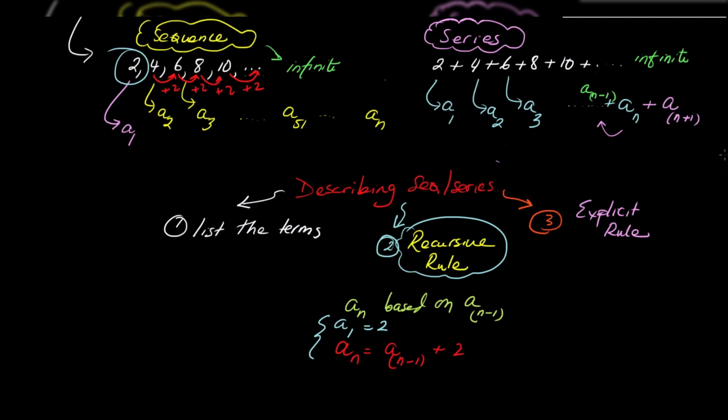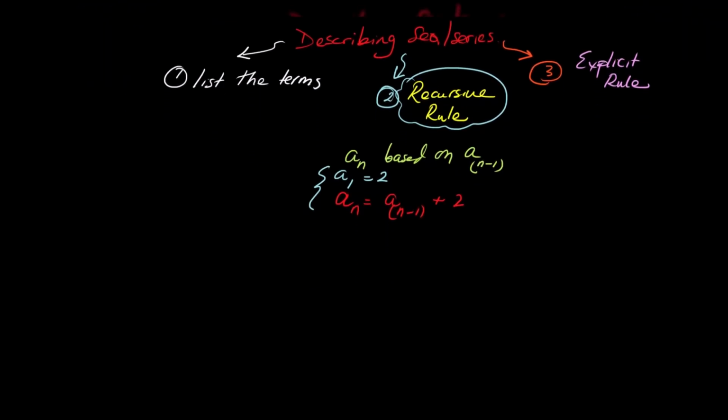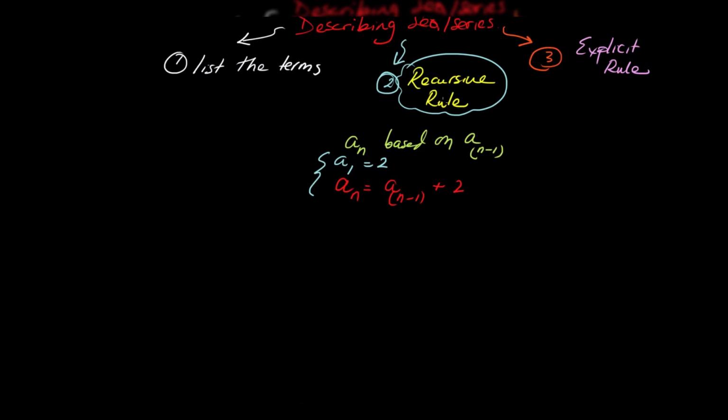Okay, so I'll give you an example of a sequence and a series based on a recursive rule. I say the first term, a sub 1, is 5. I'm just saying the first term is 5, and then my rule is that I get a sub n by multiplying the term before it, a sub n minus 1, by 2.